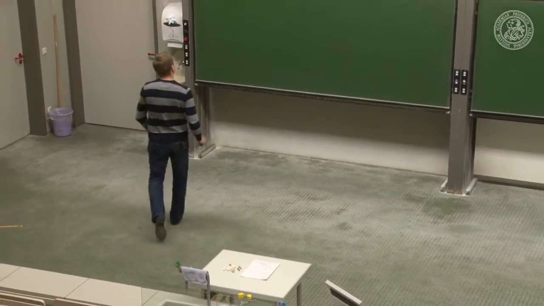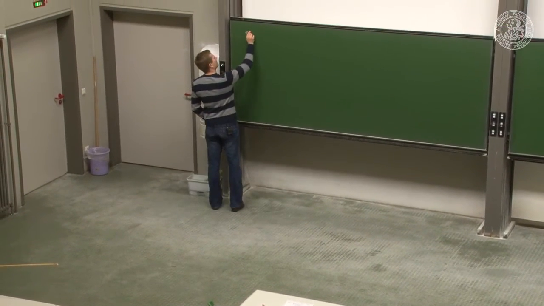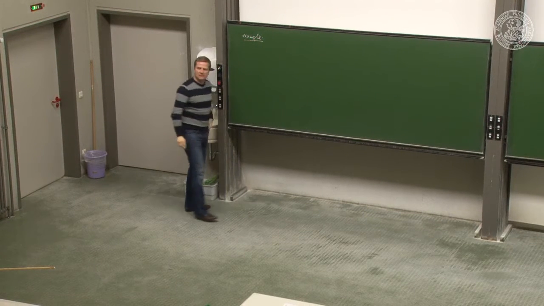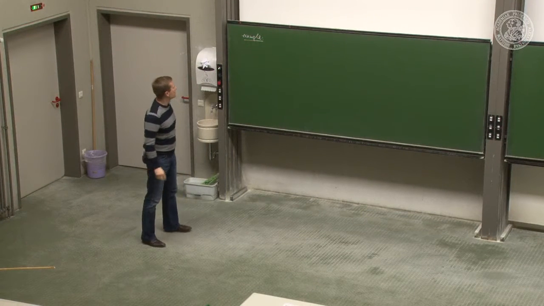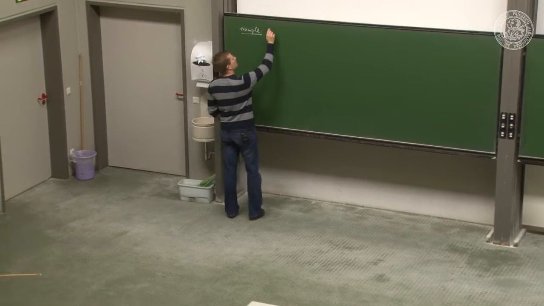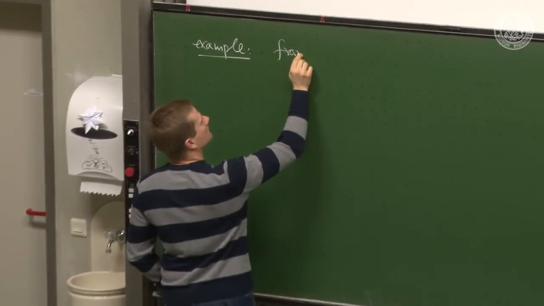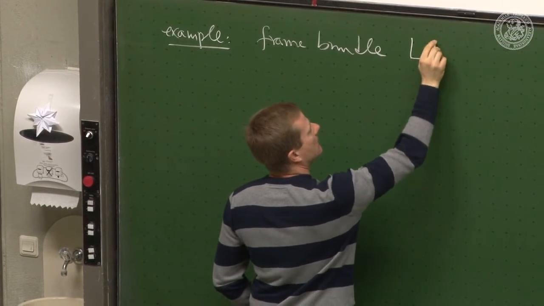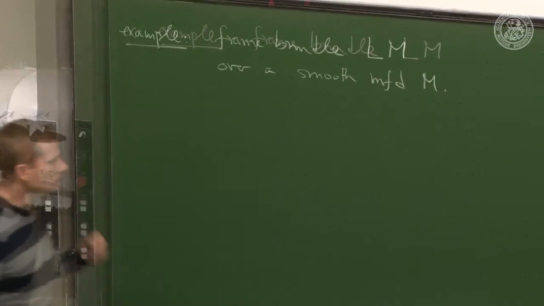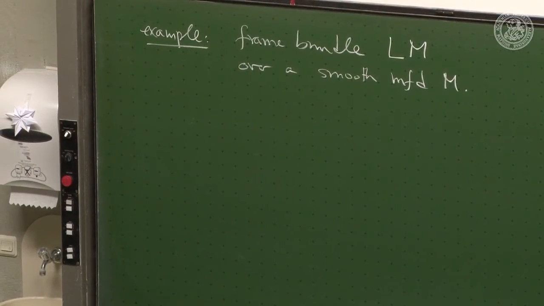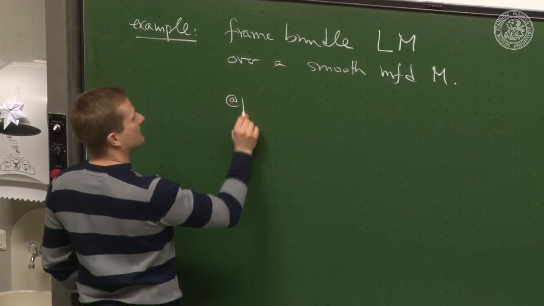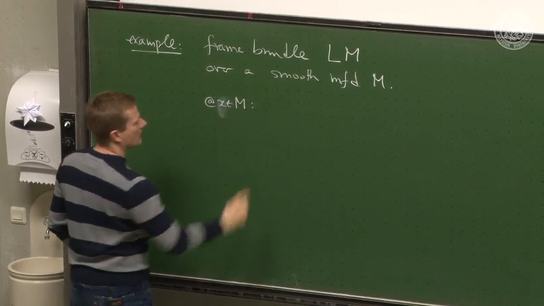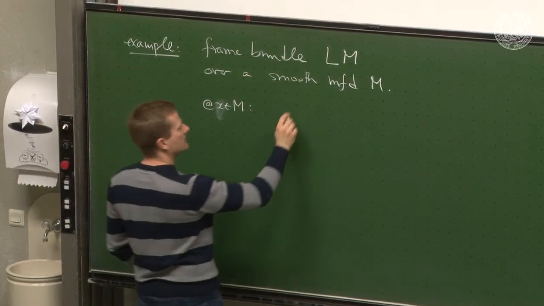So we'll now consider a particular example of a principal G bundle. And this example is of the utmost importance in differential geometry, and that's the so-called frame bundle, which goes by the name LM. And this is defined as follows. First, at a particular point x in M, we consider the following set.